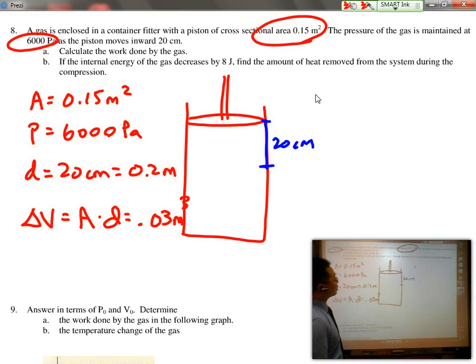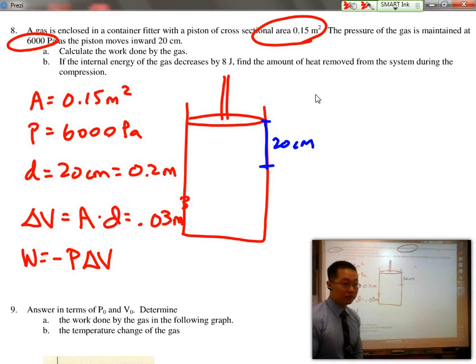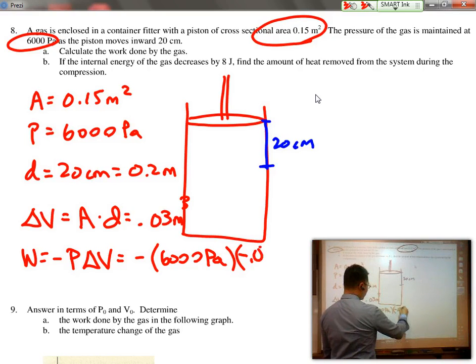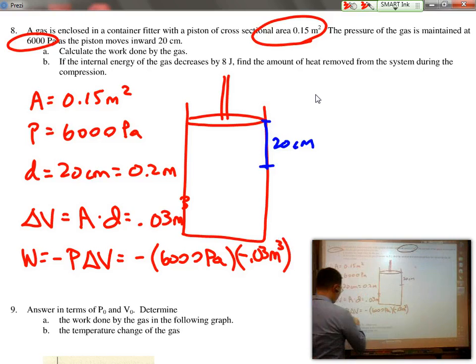So if we're looking for the work that was done by the gas, work is equal to negative P delta V. So in this case, by the way, it's a negative delta V because it was compressed inward. So we end up with negative times 6,000 pascals times negative 0.03 meters cubed, and you end up with the work equaling 180 joules.